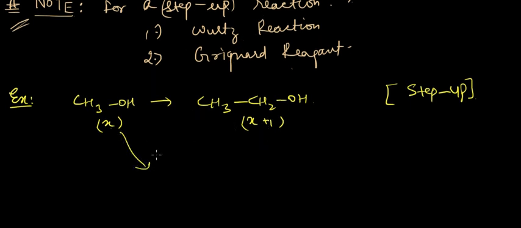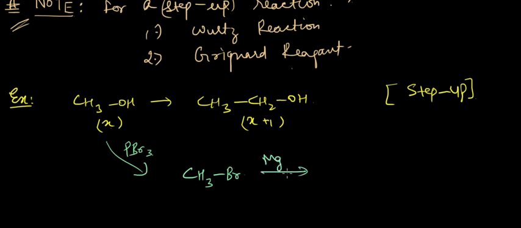So what we can do is take this compound and pass it with PBr3, and we get CH3Br as a product, as part of an SN2 reaction. Then we can react it with Mg in presence of ether, so we'll be getting a Grignard reagent.